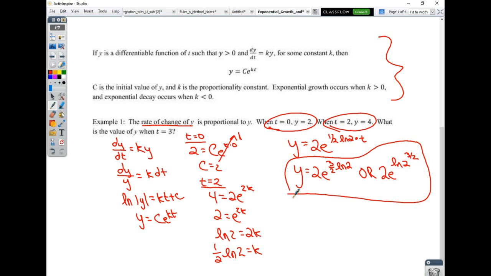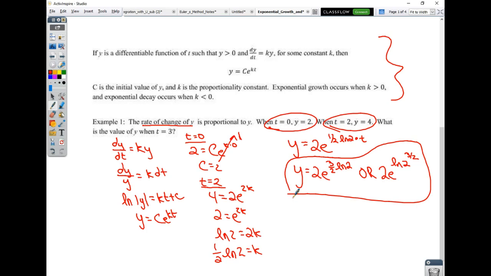You can either write that as 2e to the 3 halves natural log 2, or 2e to the natural log of 2 to the 3 halves. I don't care which one you do. Pick one. You do need to be able to translate between the two, because in multiple choice, I can write it however I want.